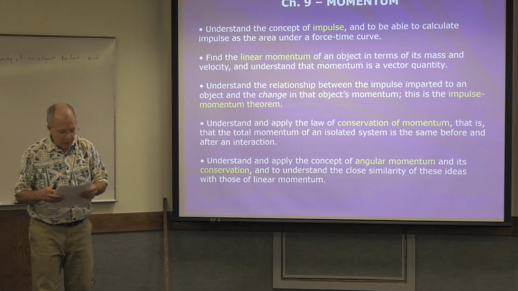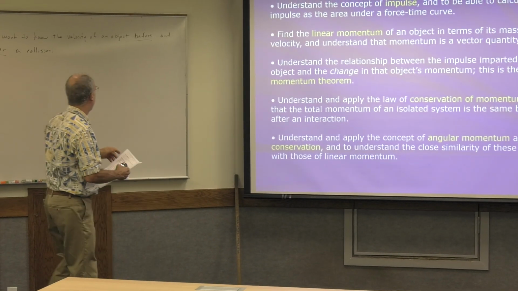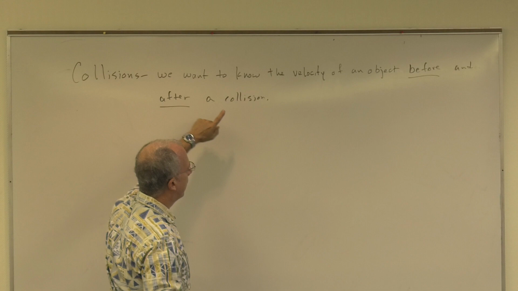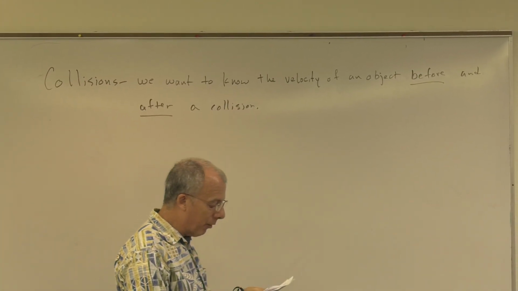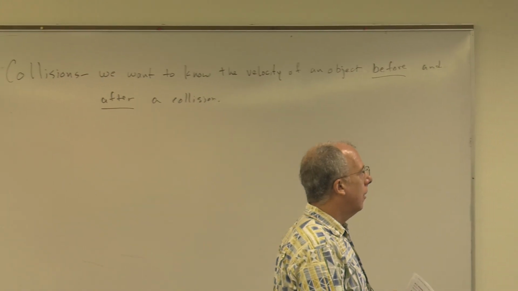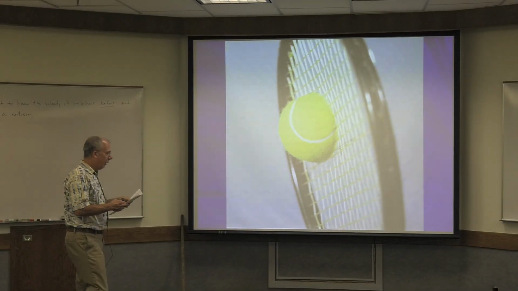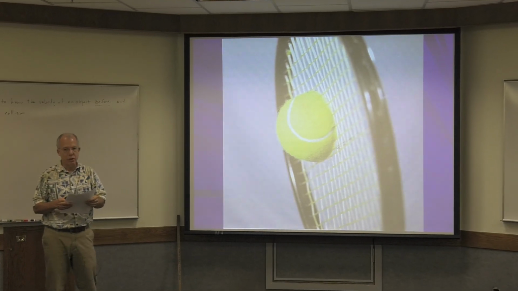All right, so we want to talk about collisions. And this is what we care about right now. We want to know the velocity of an object before and after a collision. So here's a tennis ball being smacked by a tennis racket. Why does the velocity of the tennis ball change?